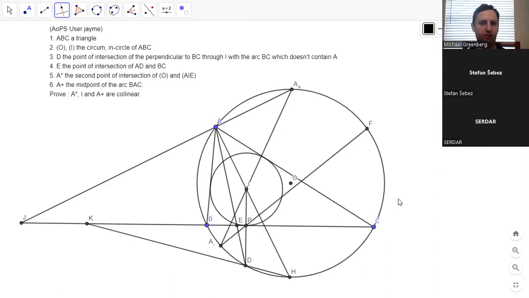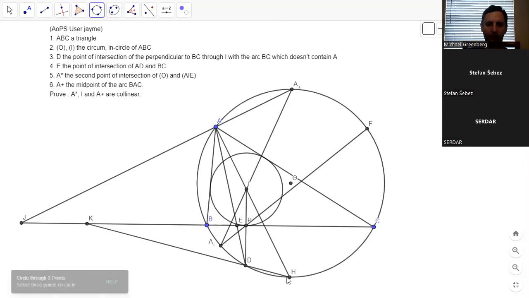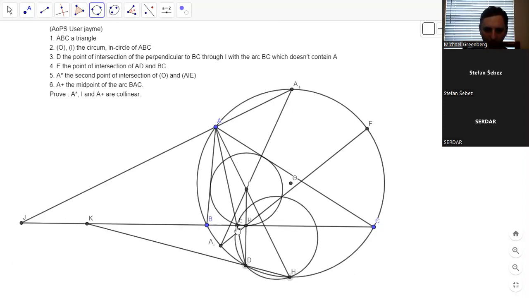I wonder if it's pole. Yeah, I don't know if it's that easy to just use pole and polar. Let's see, maybe this is cyclic.